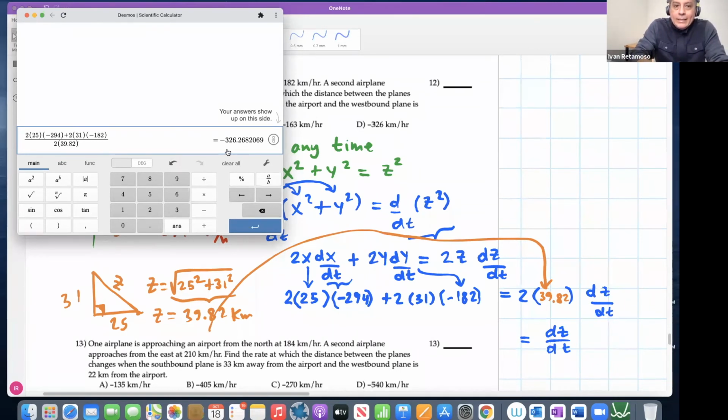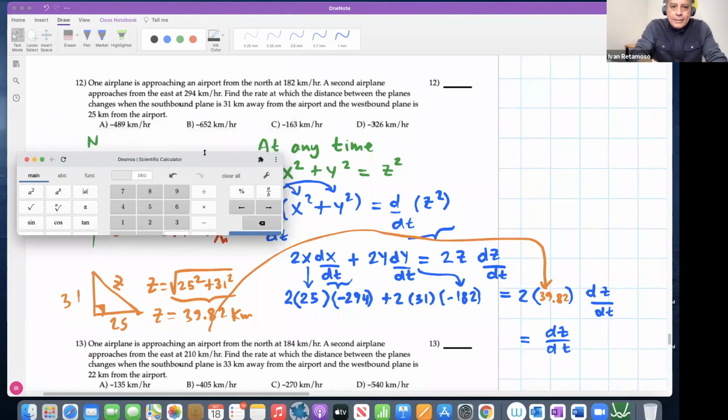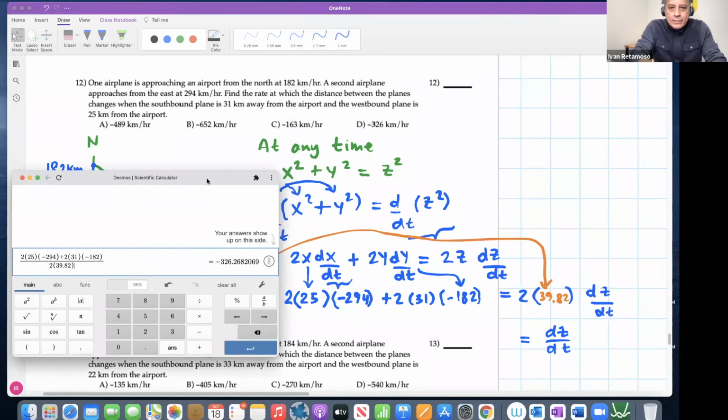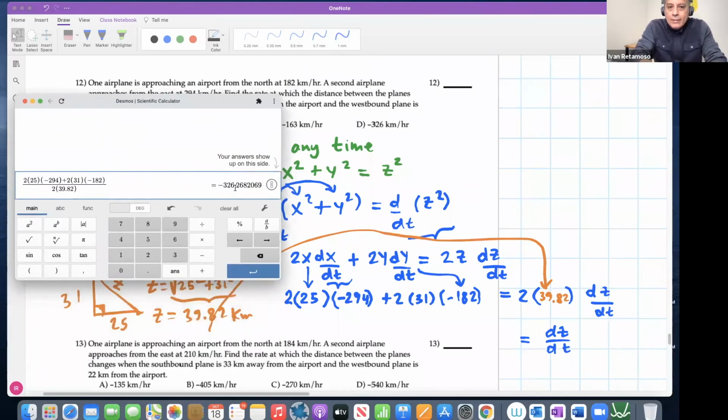I got negative 326.26. But I think they want you to round it to the nearest whole number, because I see that all the answers are whole numbers. So let's round it to a whole number. This will be negative 326.